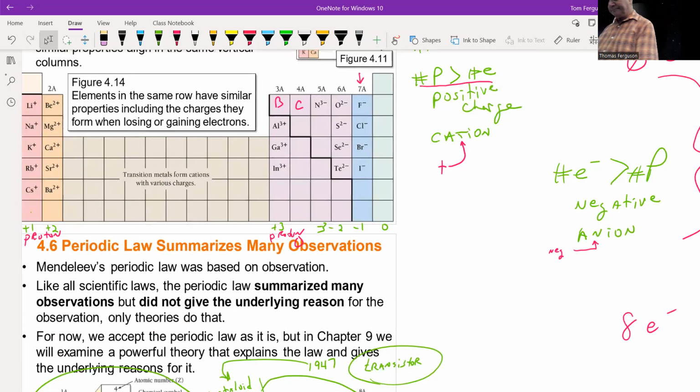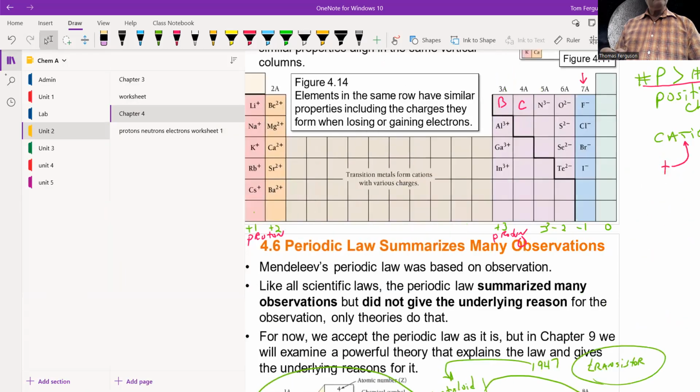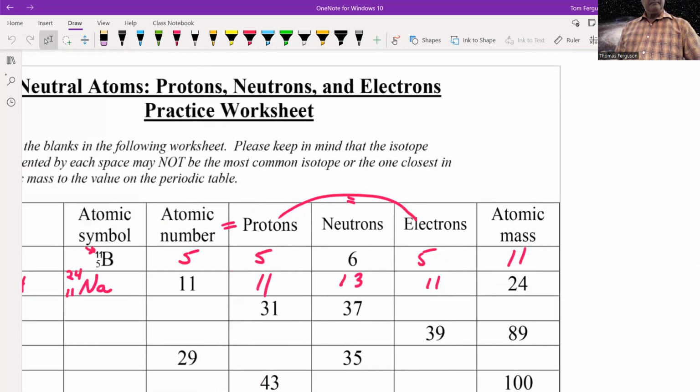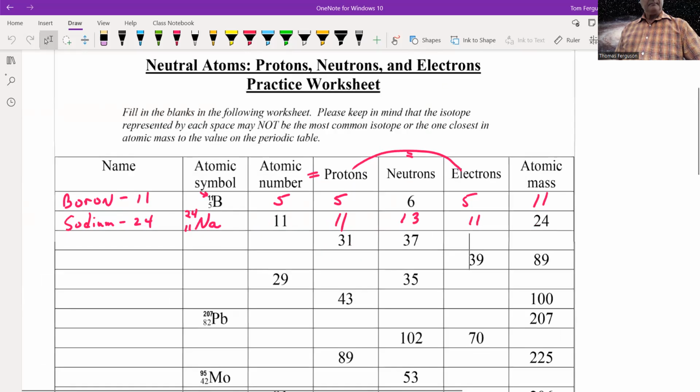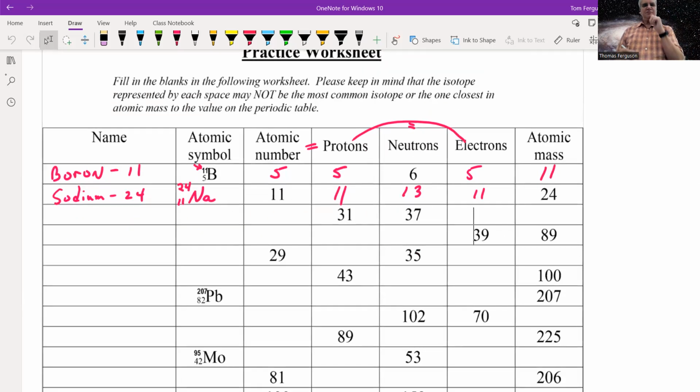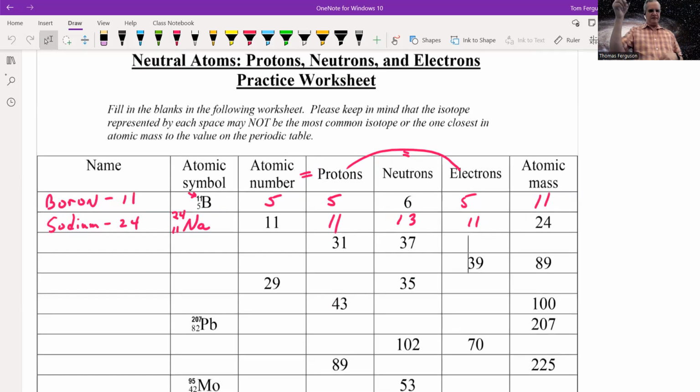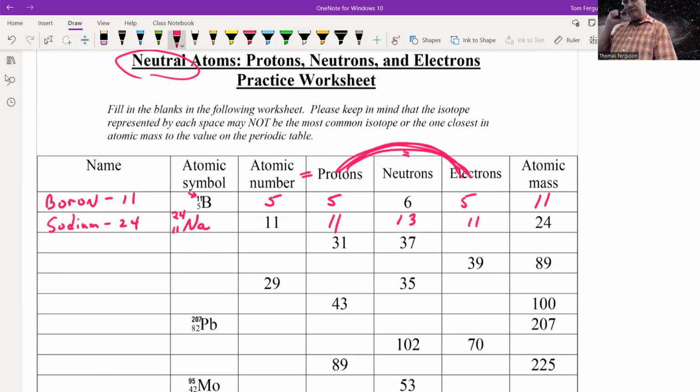So if we were to pull up this worksheet we did last week, it's just one of the pages that I gave you today. Neutral means the protons and electrons have to be the same. So what's the charge on the boron here?